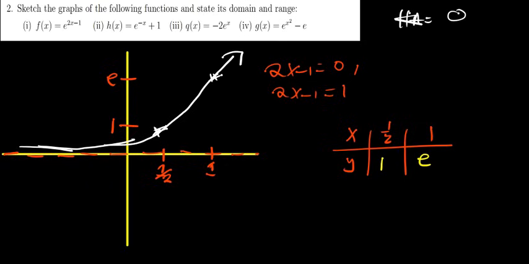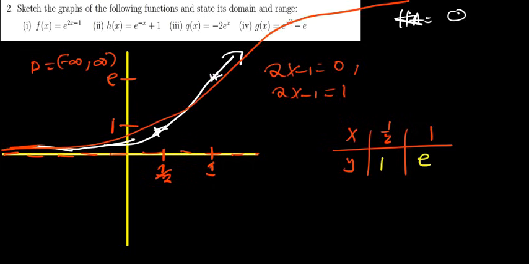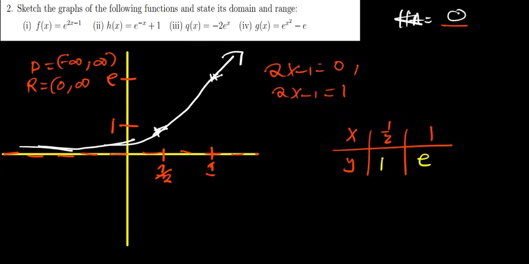From this we can clearly see that the domain will not change, negative infinity to positive infinity, because we don't know where it is starting from and we don't know where it is ending. It can keep on going. But the range is restricted. The range starts from the horizontal asymptote, from 0 all the way to positive infinity.